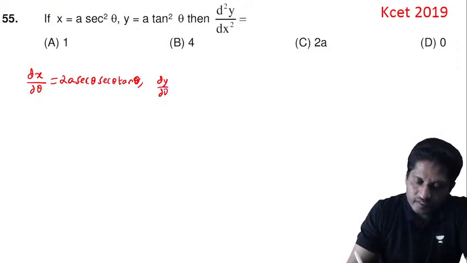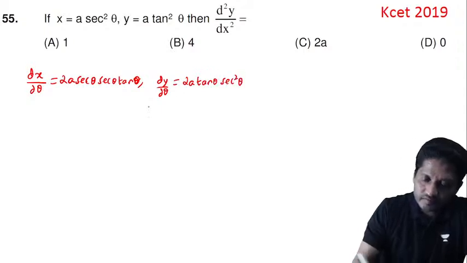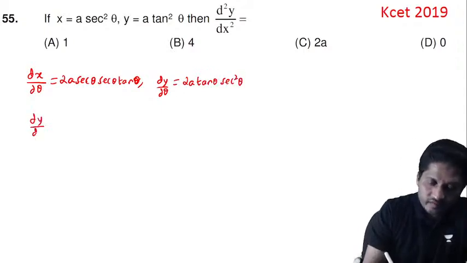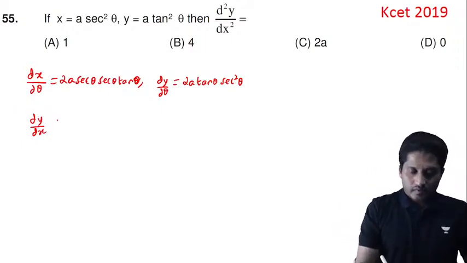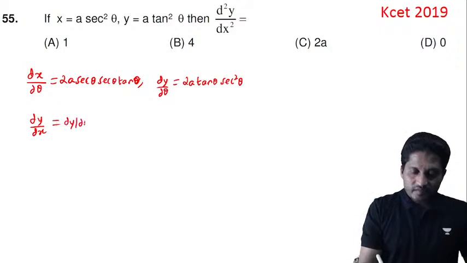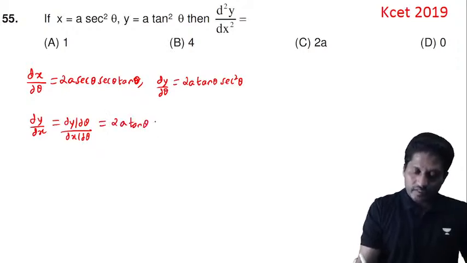dy by d theta is equal to 2a tan theta, and differentiation of tan theta is sec square theta. Now dy by dx, if I divide this, you will get dy by d theta divided by dx by d theta. dy by d theta is 2a tan theta into sec square theta, divided by 2a sec square theta into tan theta.